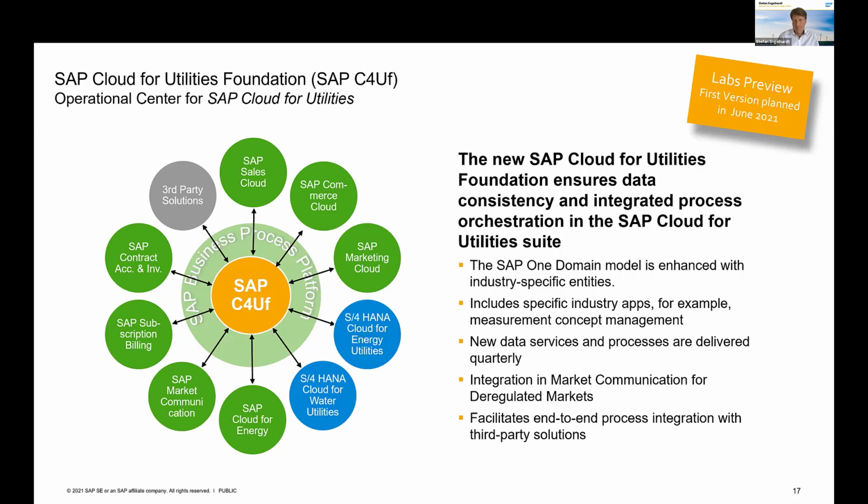That is a long-term plan. So that brings together all the different solutions we are offering. It combines private cloud offerings with native cloud solutions, and the Cloud for Utilities Foundation will be at the end of the day as well the core element of our native cloud architecture that Horst and Stier already outlined this morning.